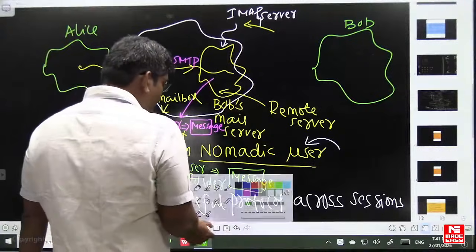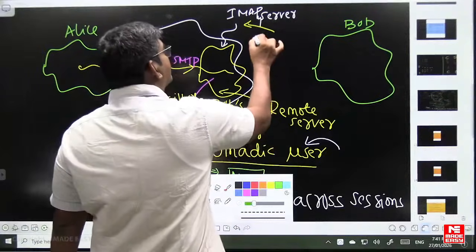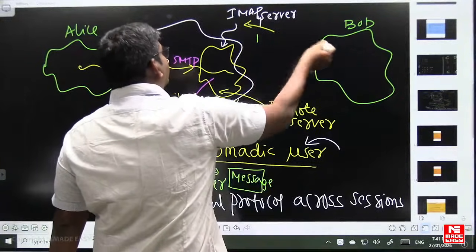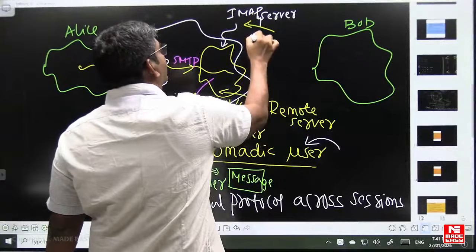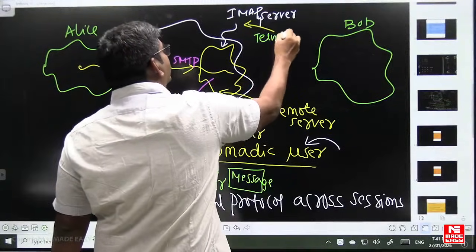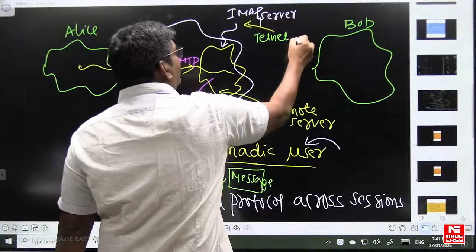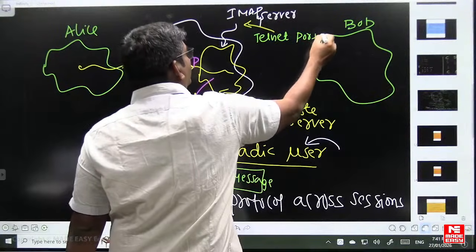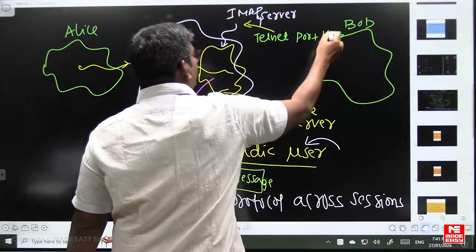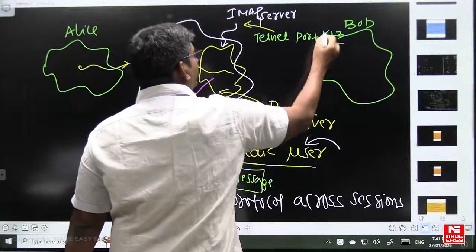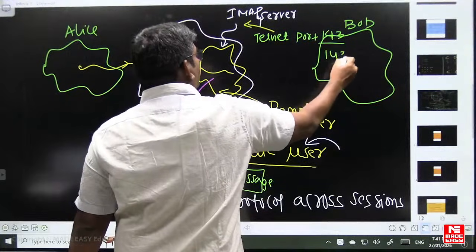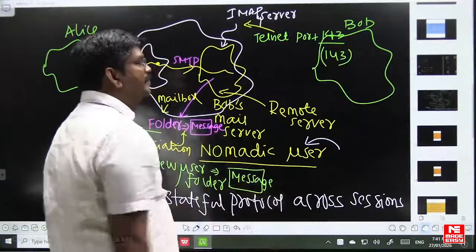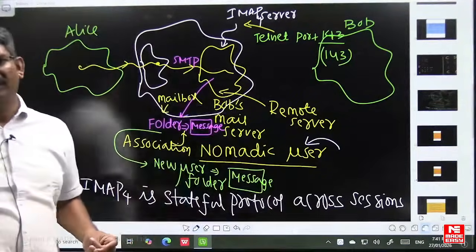Now, what is one more question they can ask you? When Bob is connected to Bob's mail server and you are using the telnet operation, the port number you are going to use is 143. This is one more question. For POP3 it is 110, but for IMAP4 it is 143.